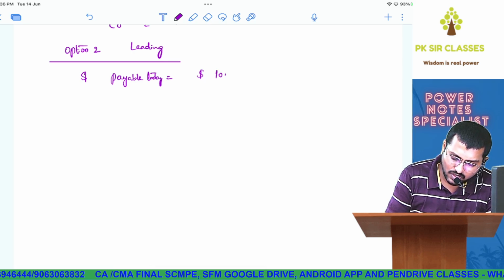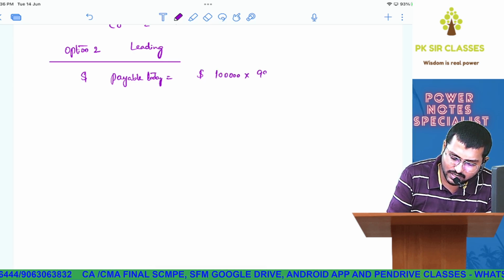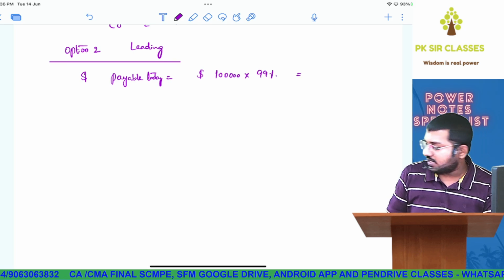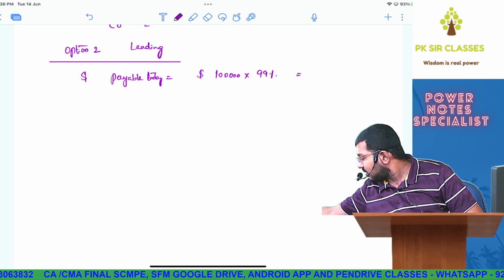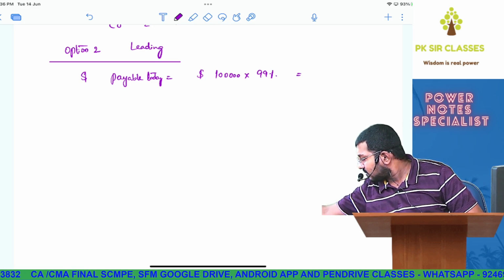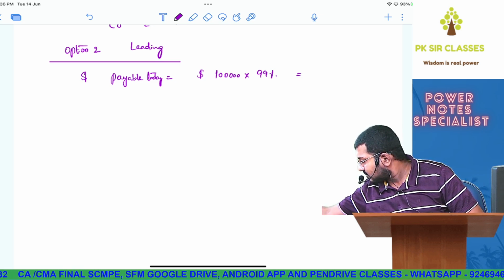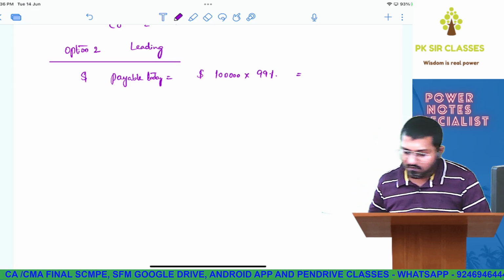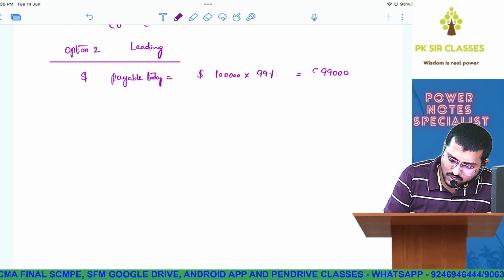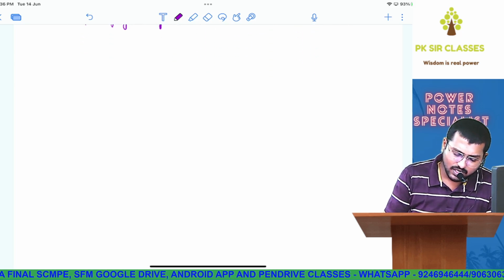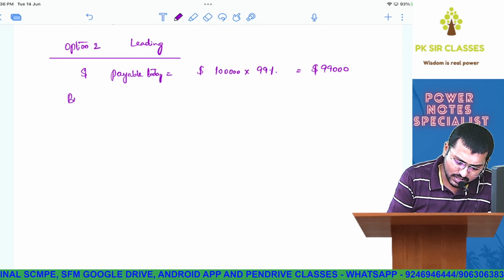So dollar payable today is equal to $100,000 into 99%, because there is a cash discount of 1%. How much does it come? $99,000 is what you will pay, correct? Today itself you will pay means you will buy dollars at what rate? Spot rate.